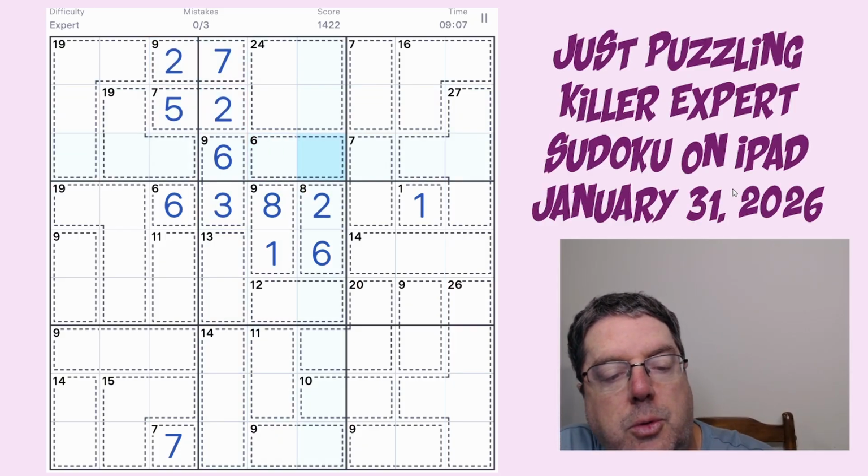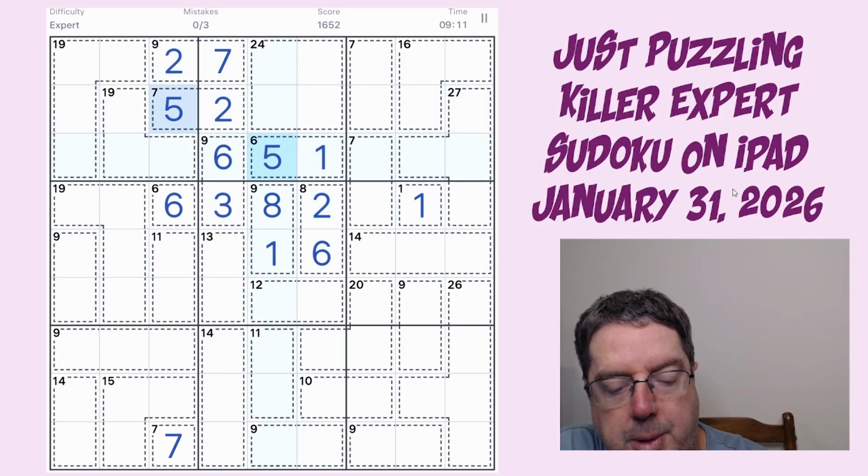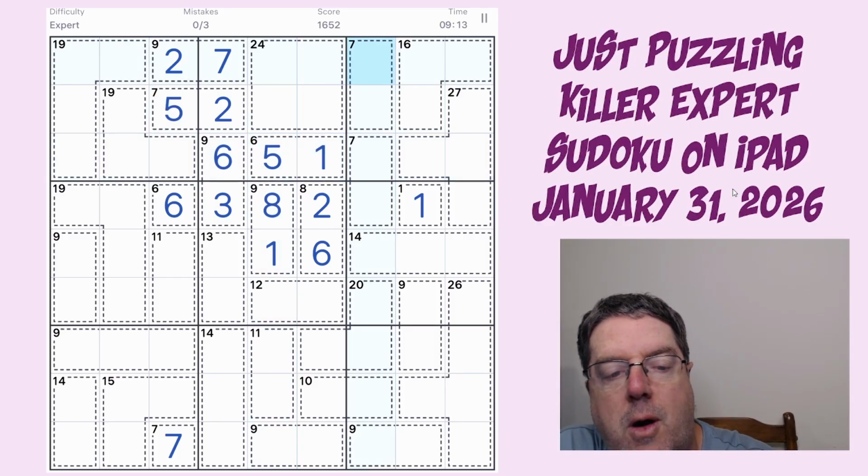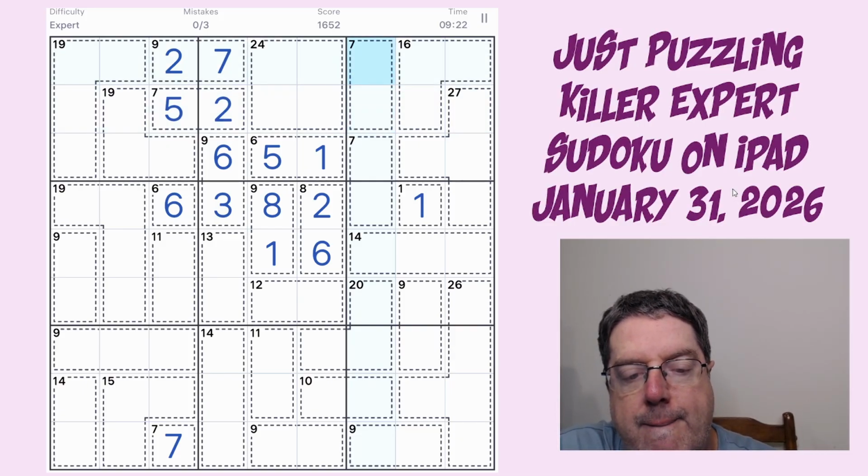Okay, so 2 and 4 can't be there, so this can't be a 1. So this is a 1 here, leaving this to be a 5. And then 5's up there, which 5's going to be one of these two, which means this can't be 5 and 1, so this is going to be 6 and 1 here. Okay. 6 and 1 there, which means 1's going to be here.